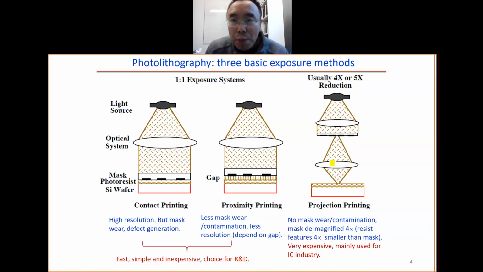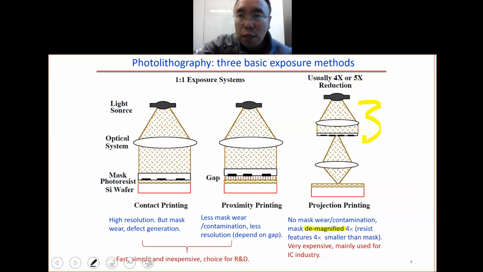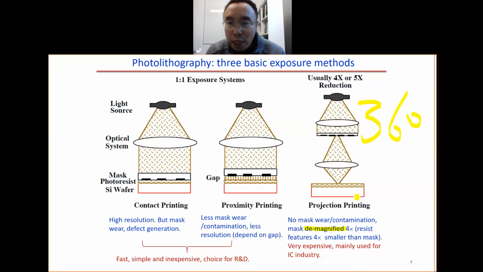More importantly, because we use a lens to project the image from the mask onto the resist, there can be some reduction. Because we can have a demagnified image. For instance, if the structure here is, say, 360 nanometer on the mask, then the feature size on the resist can be 90 nanometer.